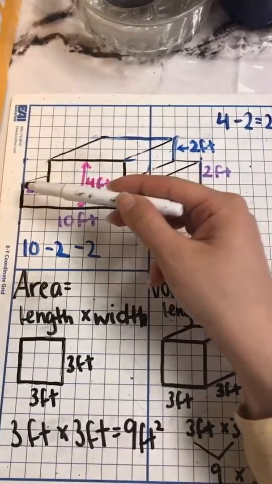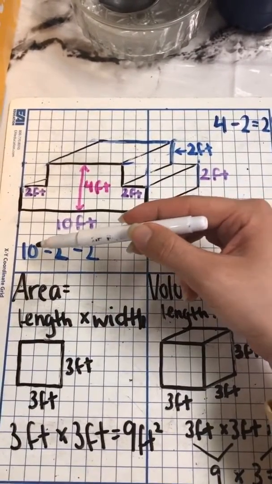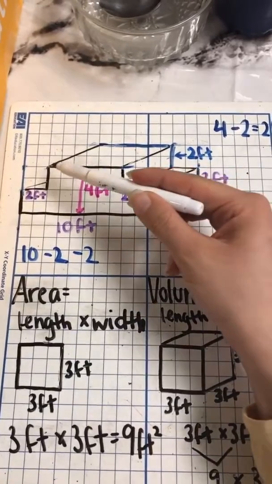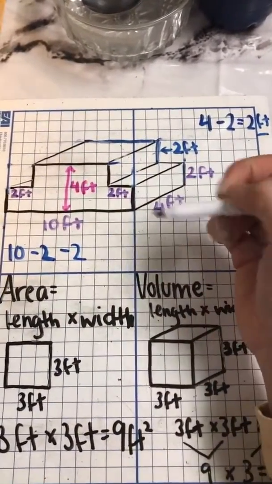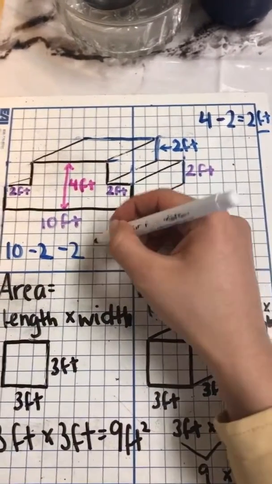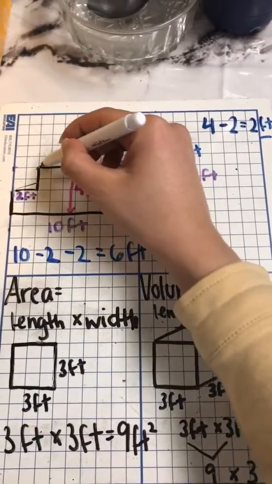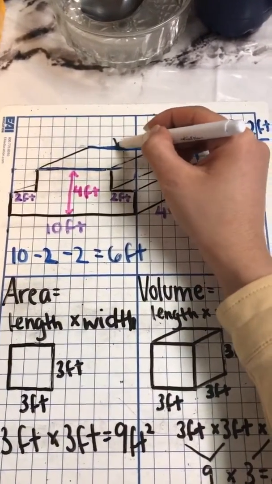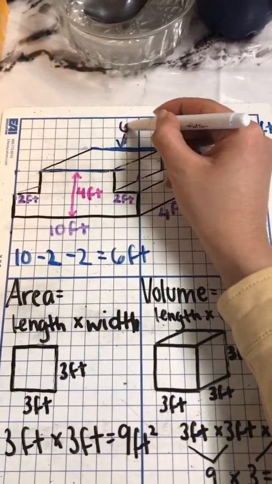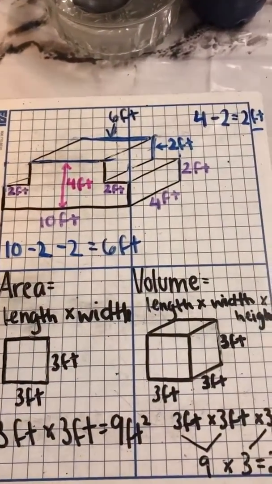So if 2 feet were removed from one side and 2 feet removed from another side, then we can also remove it from our total to find what was left over. 10 minus 2 is 8, minus another 2 is 6 feet. So this top length is, yes, also 6 feet. And we have to remember to label.